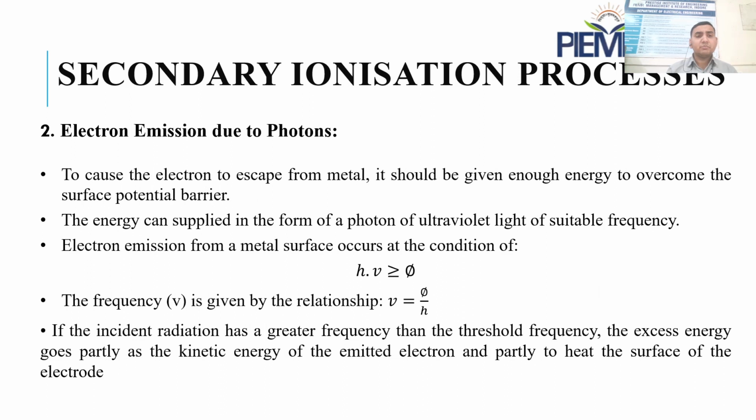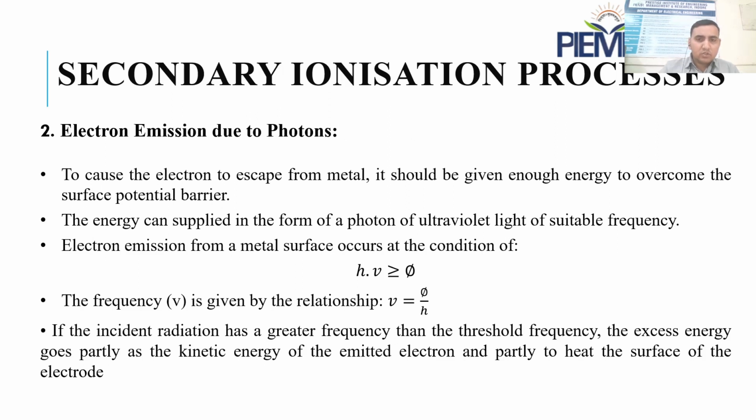The second method of ionization is electron emission due to photons, where an electron escapes from a metal because it has enough energy to overcome the surface potential, as we know from the previous discussion. If an electron gets sufficient energy from UV rays, it will escape from the atom.